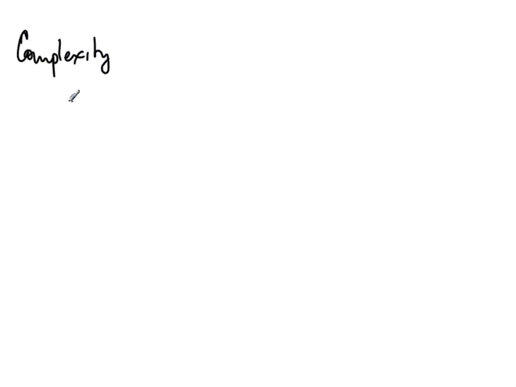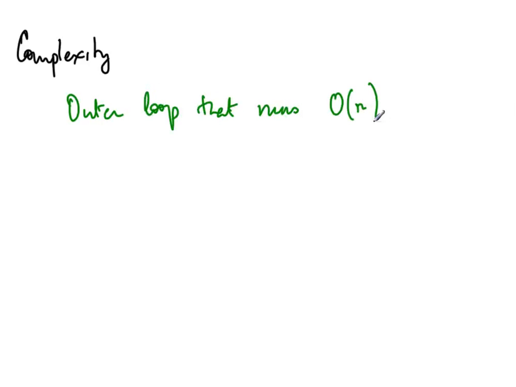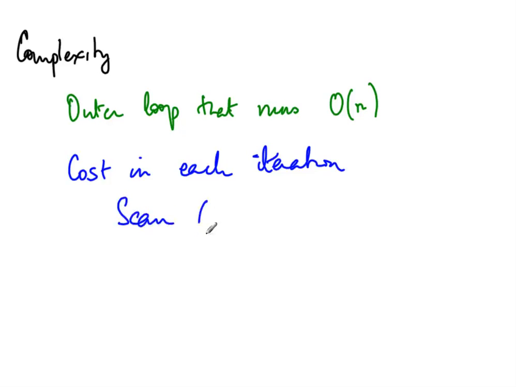Well, we have an outer loop that runs n times. Actually it runs order of n times, because it runs n minus 2 or n minus 1 times, depending on whether we're using the first version or the second version. And inside, the dominant cost in each iteration is to scan these pairs I near I to find the minimum.